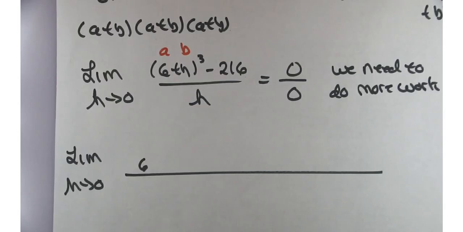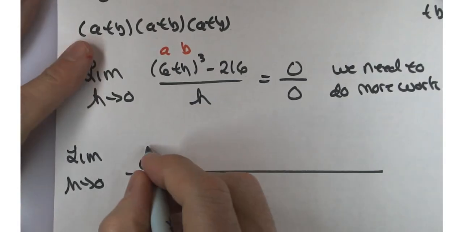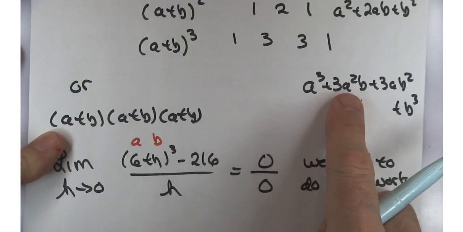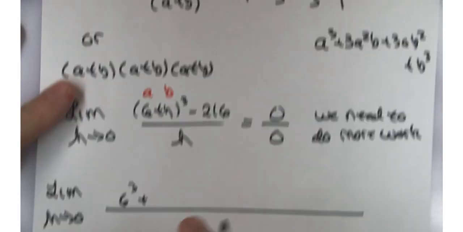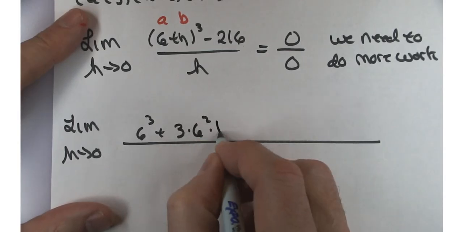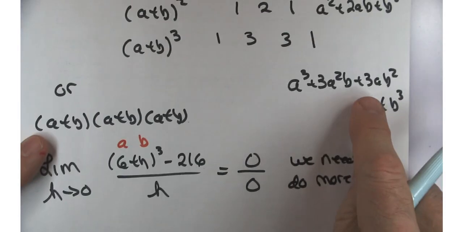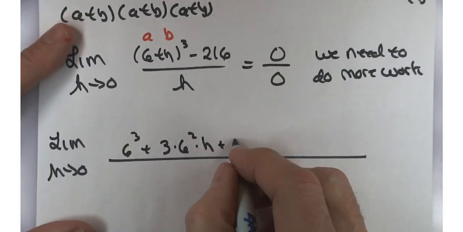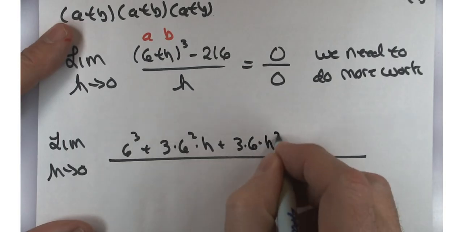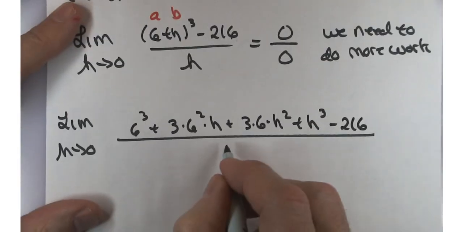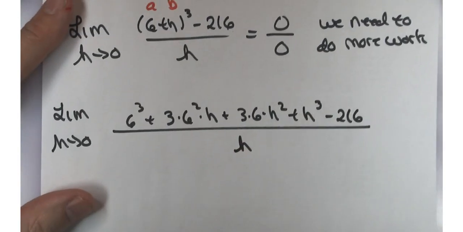So a cubed is going to be 6 cubed plus 3 times 6 squared times h, plus 3 times 6 times h squared, plus h cubed, minus 216 over h.